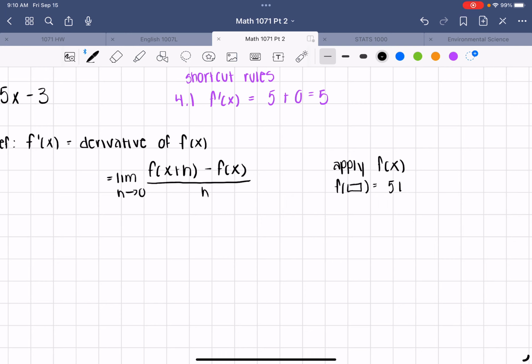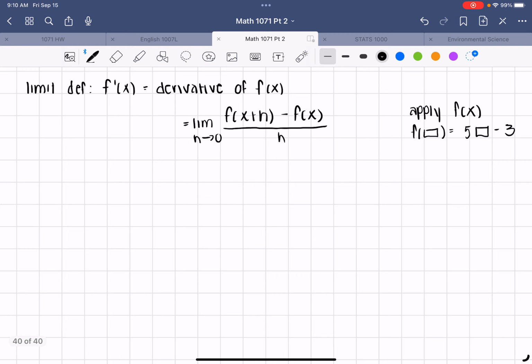So this is the limit as h goes to 0 of. So here in blue, our first term, take the x plus h and plug it into the box. In other words, it's 5 times x plus h, subtract 3. That's our blue step.